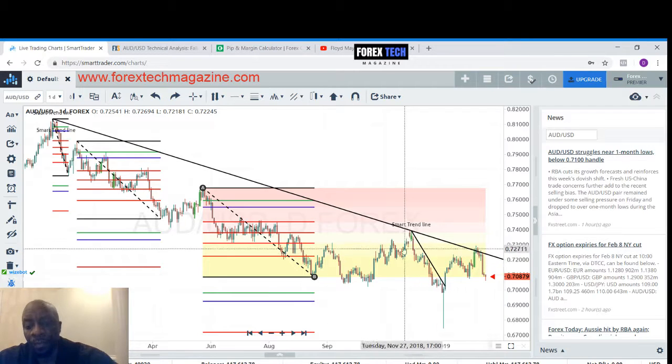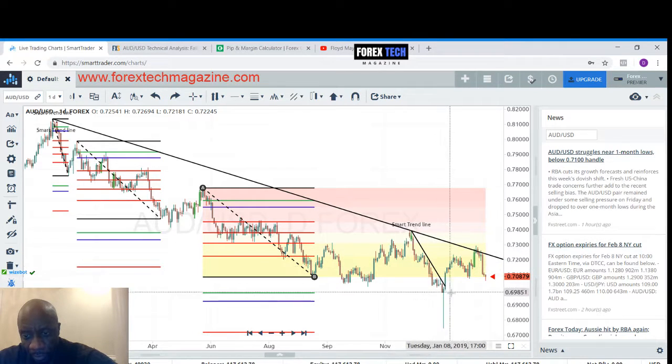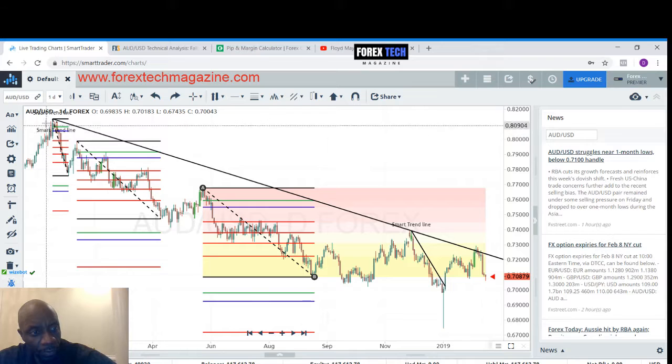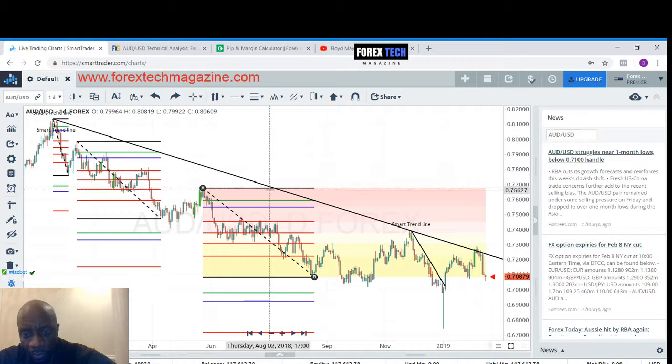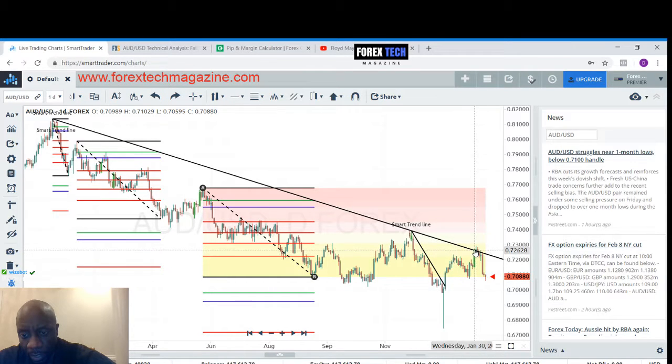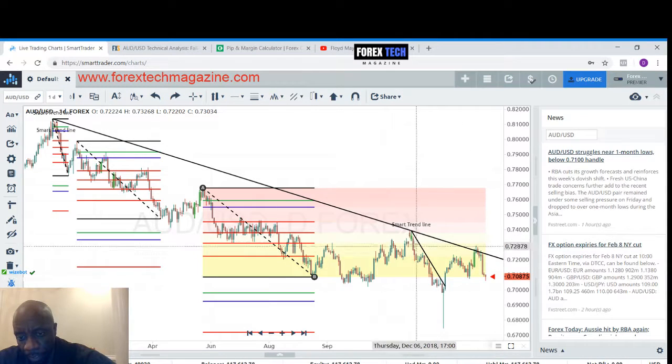So originally, I was looking at the counter trend line, this line here. Probably what I should have been looking at was the overall trend, from this high point back up in January of last year, going down. That would still say this thing was in a downward trend. But I was looking at the more immediate counter trend line here, which was showing that price had broken above it and was moving in a bullish manner.